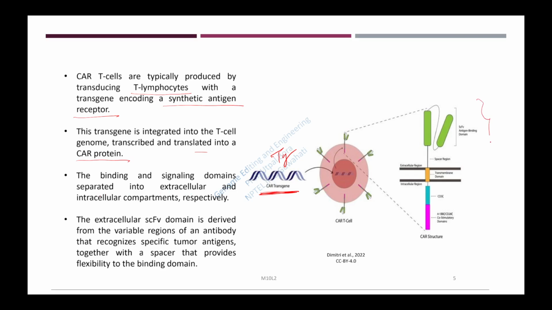This is the binding domain, the extracellular compartment, and this is the signaling domain, the intracellular compartment. The extracellular domain is derived from the variable region of an antibody that recognizes specific tumor antigens, together with a spacer that provides flexibility to this domain. So this is the CAR T cell receptor structure.